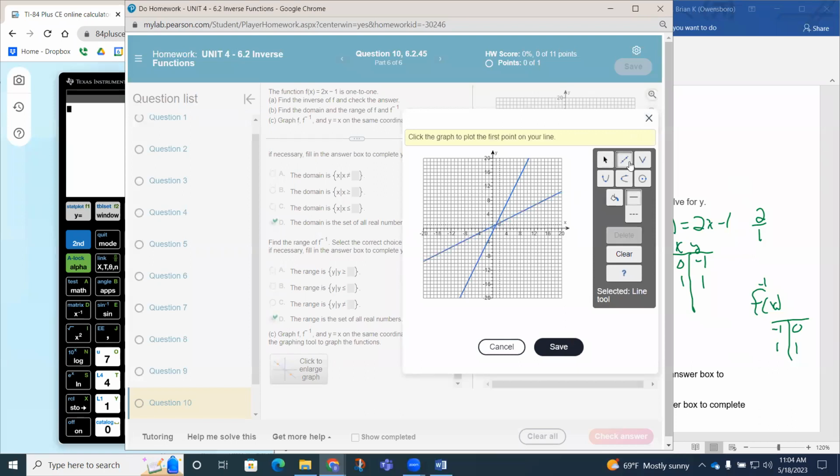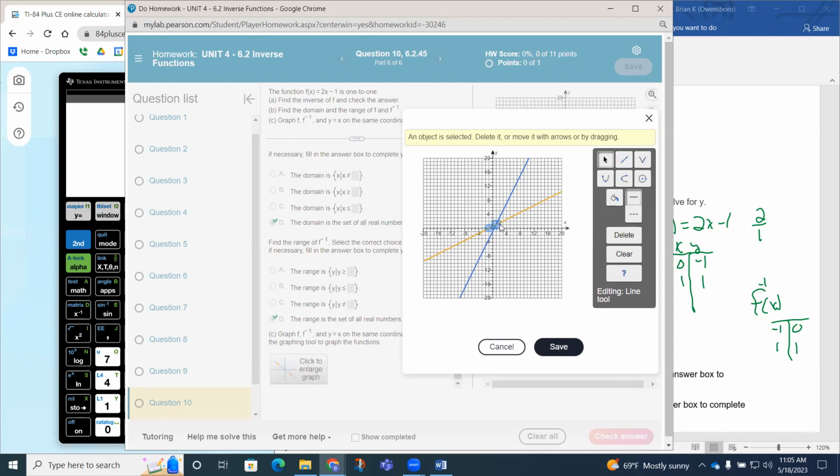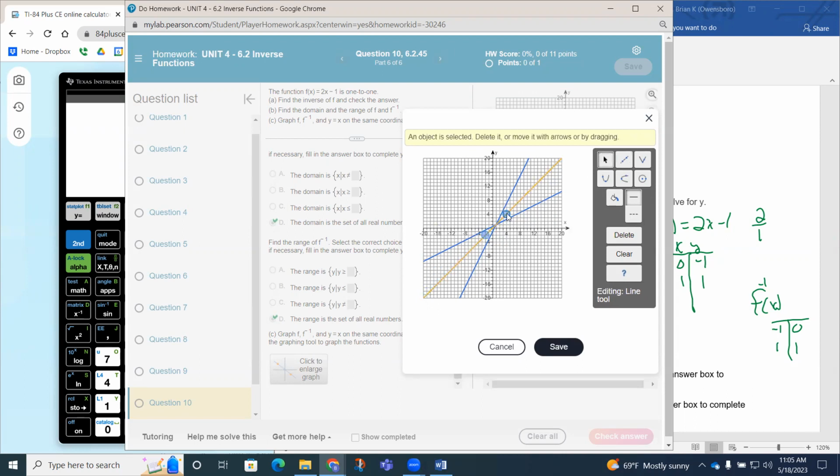All right, let's try that third one again. Let's just see if we can do -2, -2, and then 2, 2, or 4, 4. There you go. As long as the y and x are the same, it looks like it took it that time.